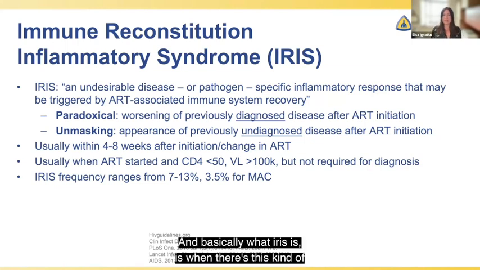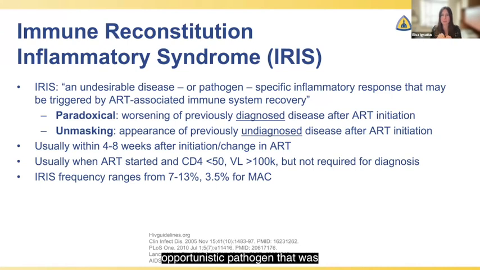Basically, IRIS is when there's this exuberant inflammatory response that is triggered by the reconstitution of the immune system. So in people with HIV, historically, this was when they got started on effective antiretroviral therapy. Their immune system started to recover, and it was able to more vigorously attack this opportunistic pathogen that was causing the person to feel sick.